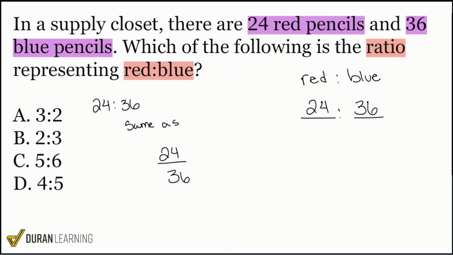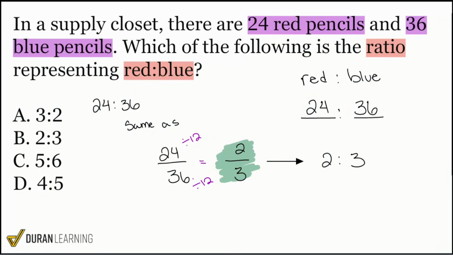It's the greatest common divisor for those of you who want the actual technical term. So with that, 24 and 36, they are both divisible by 12. So I'll write that on the top and the bottom. And that's going to give me 24 divided by 12 is 2. 36 divided by 12 is 3. So we have that right there, ladies and gentlemen. So let's highlight that. And we can turn this back into the form of a ratio as 2 to 3.